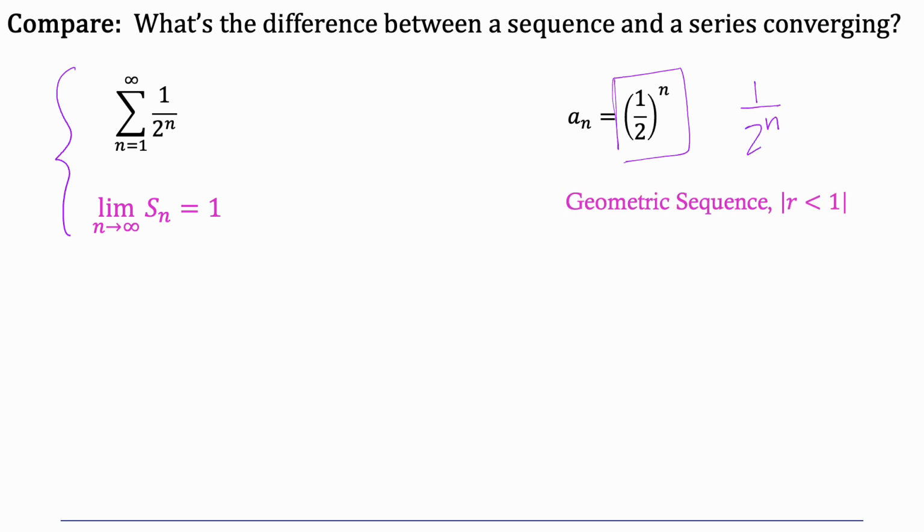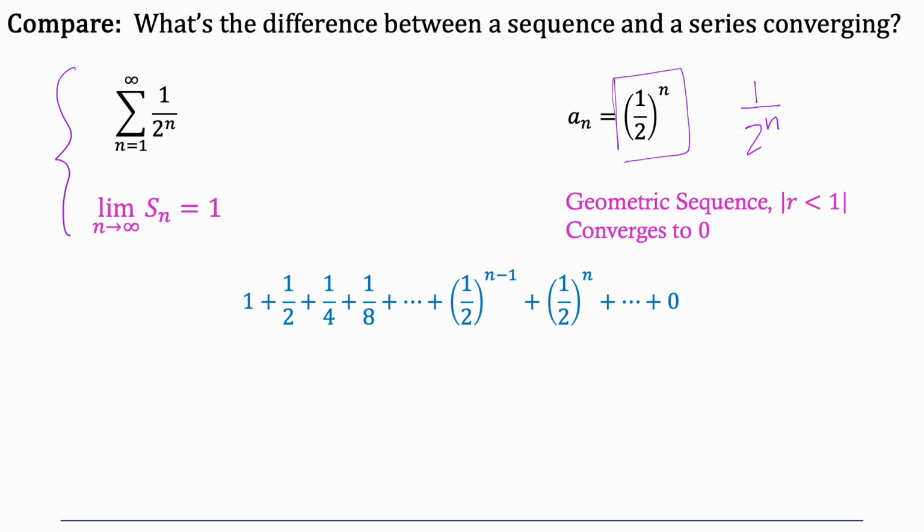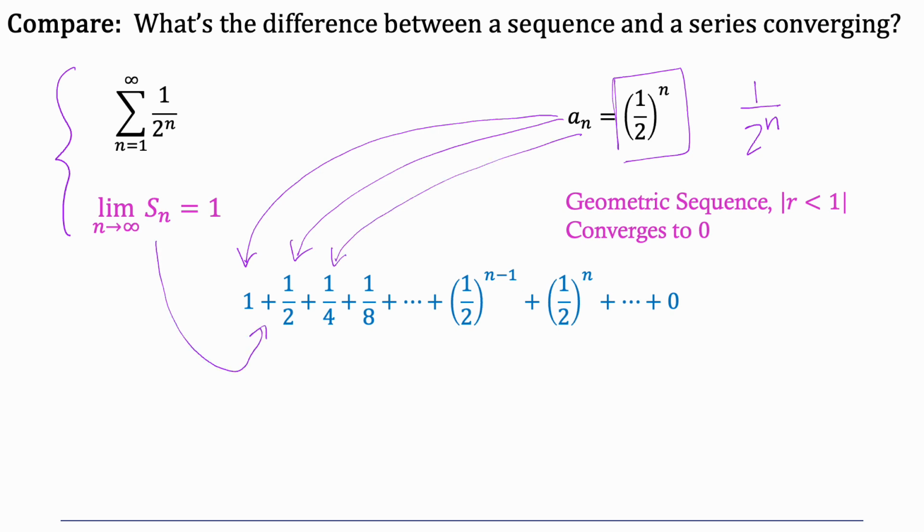That is a geometric sequence. There's nothing being added up. And that geometric sequence has a common ratio of 1/2, that's less than 1. That converges to 0. So if I expand it, this a sub n is each of the terms, shrinking, shrinking, shrinking, and the s sub n is then adding them all together.